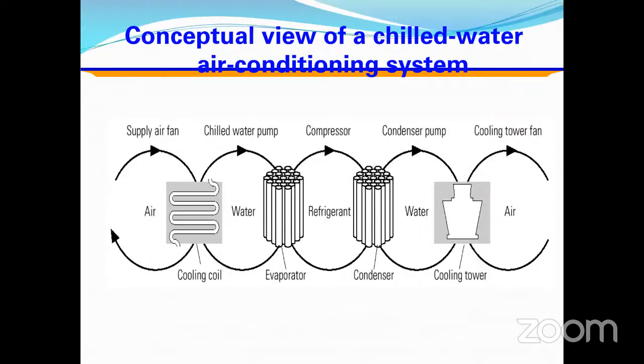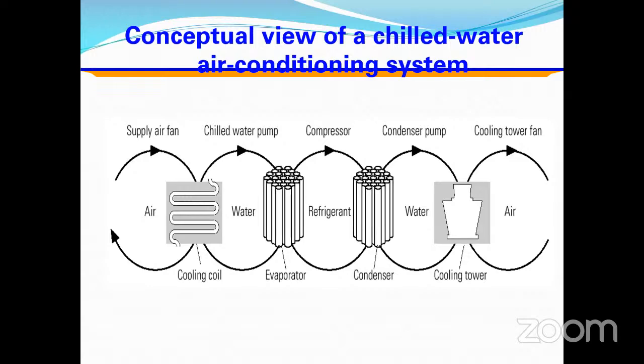Conceptual view of a chilled water air conditioning system. See, cooling coil, evaporator, condenser, cooling towers. Since it is a water cooled system, we could see the supply air fan, chilled water pump, compressor, condenser pump, then cooling tower fan.